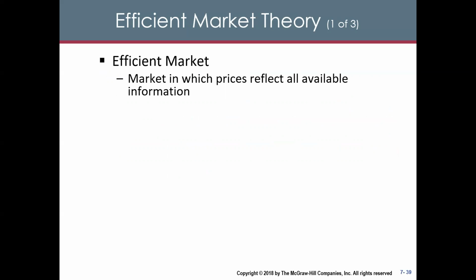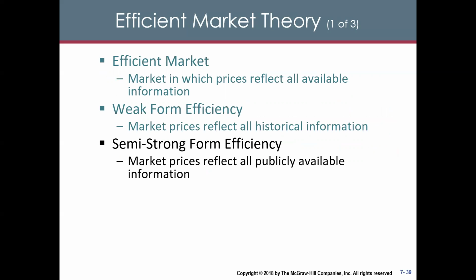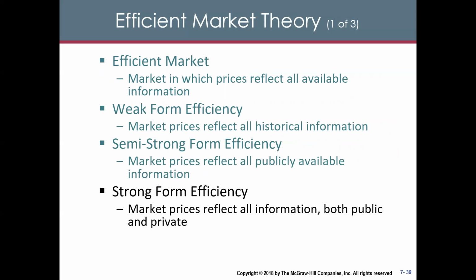This theory says the market price reflects all available information. There are three different forms of it. The weak form says the market prices reflect all historical information, the semi-strong form says the market prices reflect all publicly available information, and the strong form says it reflects both the public and the private information.